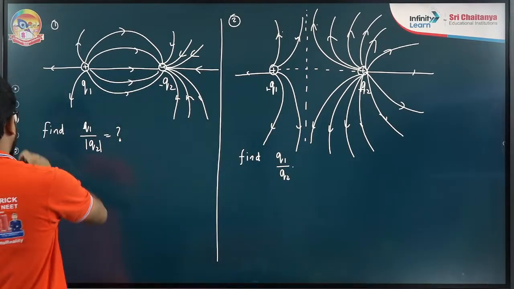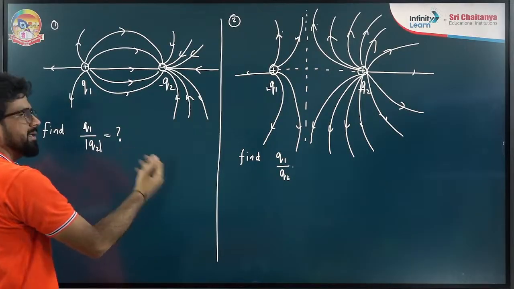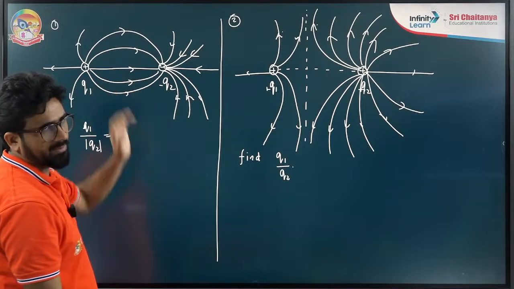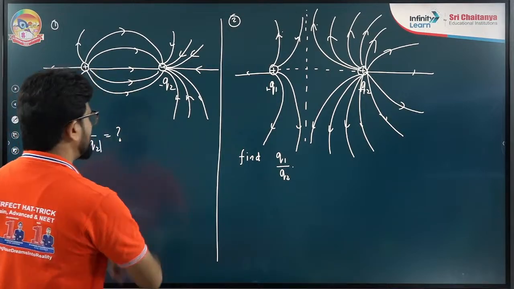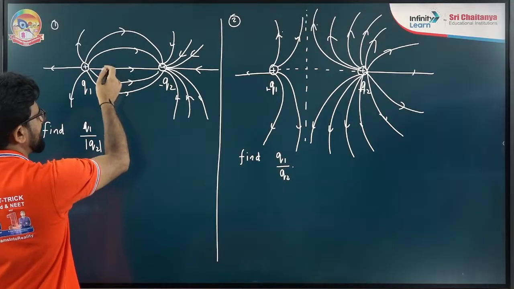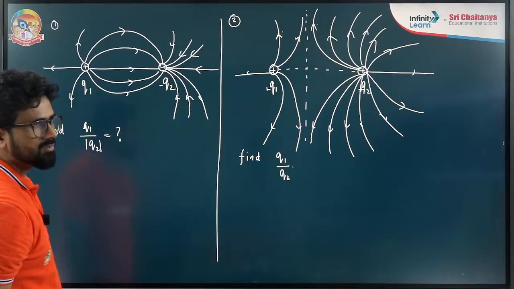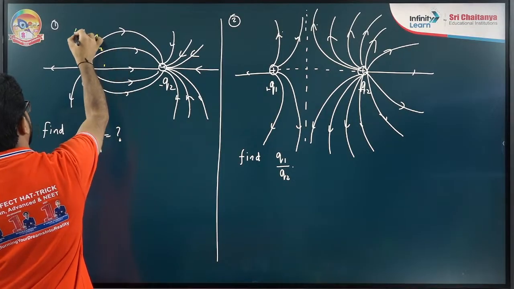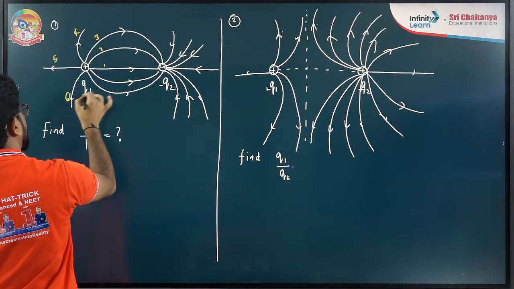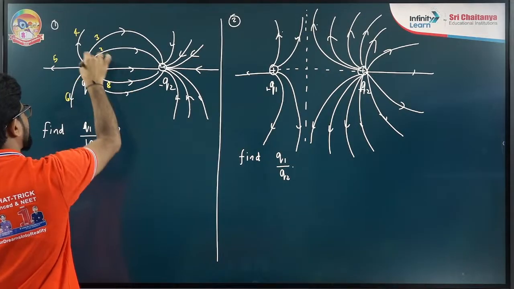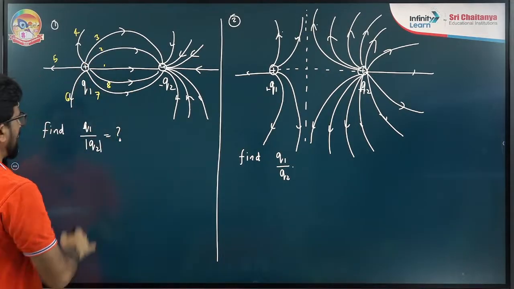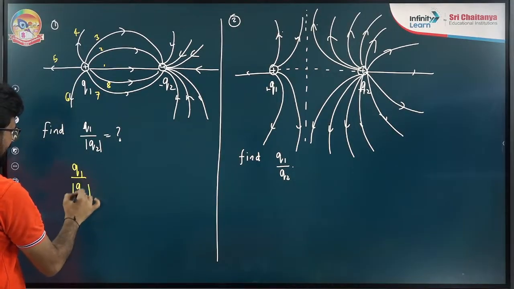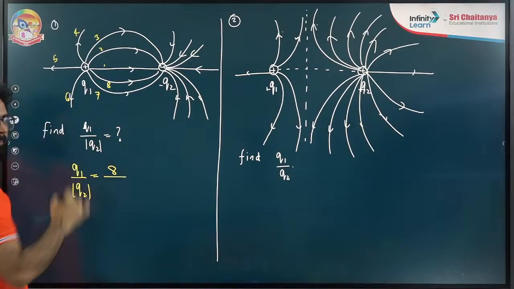I told you the number of field lines is directly related to the magnitude of the charge. So we calculate the number of field lines. You count: 1, 2, 3, 4, 5, 6, 7, 8. So for Q1, how many field lines? 8.